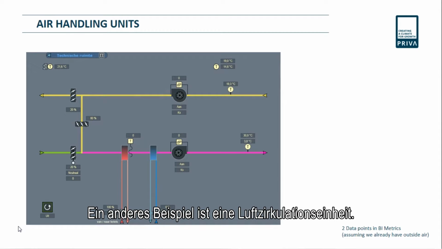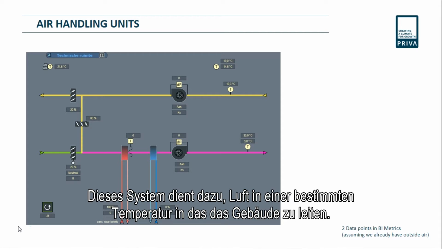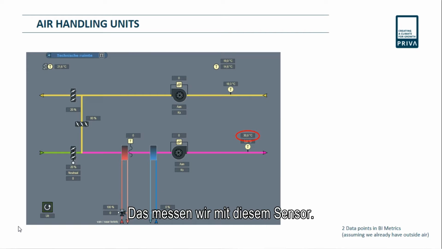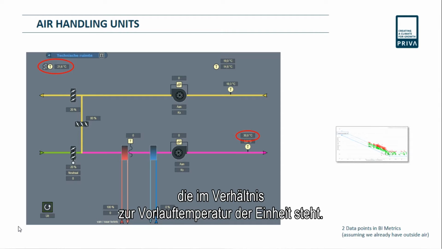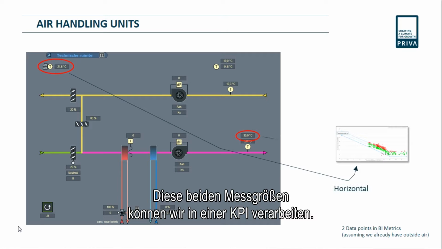And another example, for instance, is an air handling unit. An air handling unit, of course, is designed to put air from a specific temperature into the building, and we can measure that at this sensor. Same story here, we have an outside air temperature which is related to that supply temperature of the air handling unit, and we can put those into a KPI.